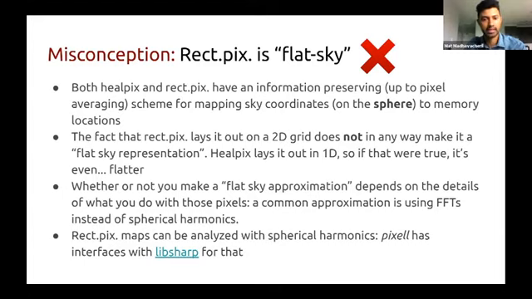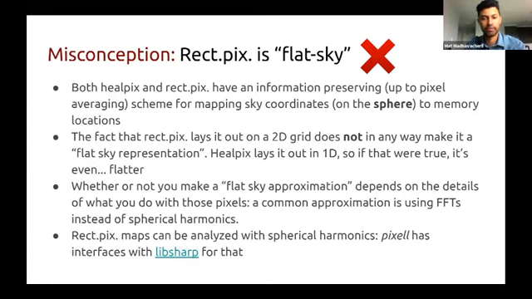The fact that rectangular pixelization lays it out on a 2D grid does not make it a flat sky representation. What makes your analysis a flat sky representation, or makes you have a flat sky approximation, is how you, for example, calculate a harmonic transform with it. If you use an FFT, or fast Fourier transform, to calculate a harmonic transform of your map, then you're making a flat sky approximation.